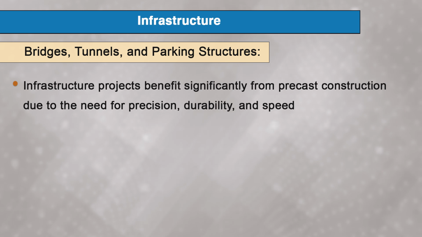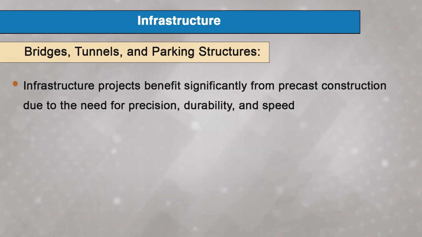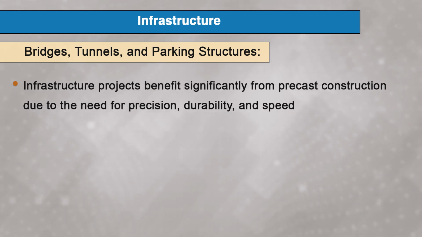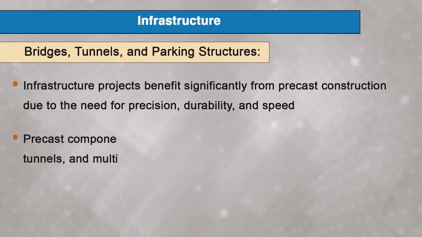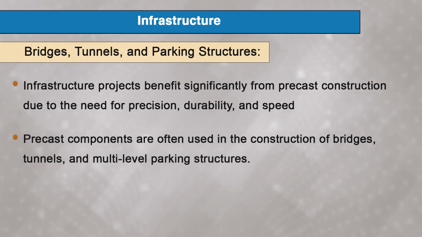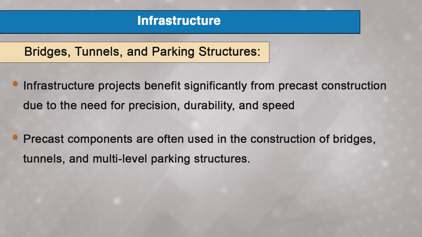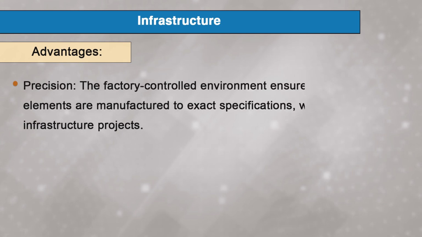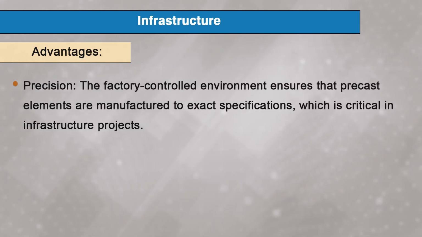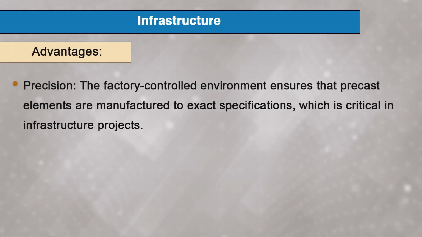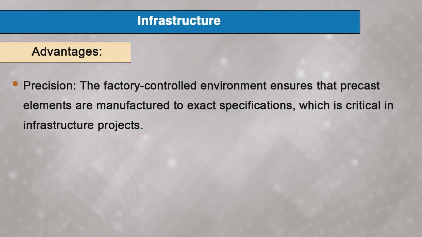Talking about the infrastructure, that will be bridges, tunnels, parking structures, etc. The infrastructure projects benefit significantly from precast construction due to the need for precision, durability and speed. Precast components are often used in the construction of bridges, tunnels and multi-level parking structures. Advantages include the precision, that is the factory controlled environment ensures the precast elements are manufactured to exact specifications, which is critical in infrastructure projects.